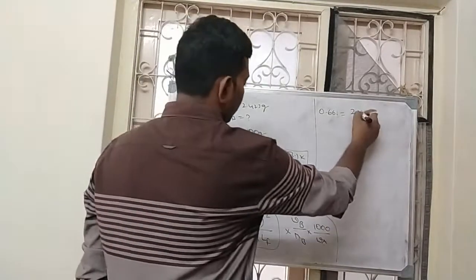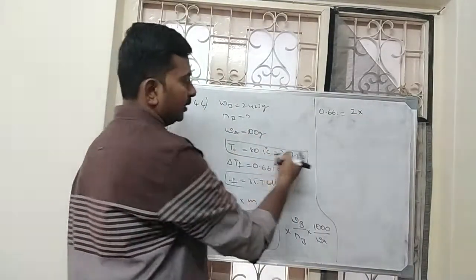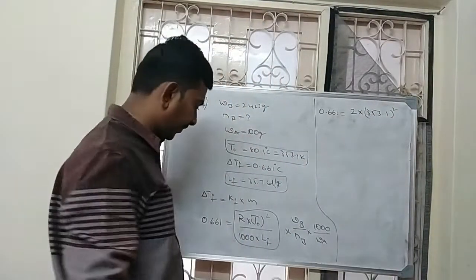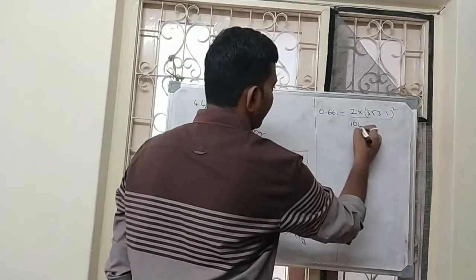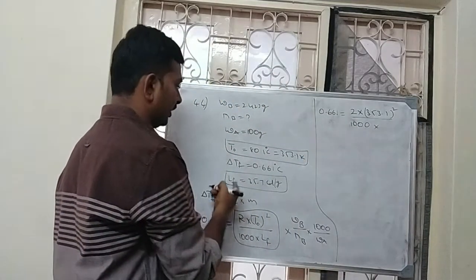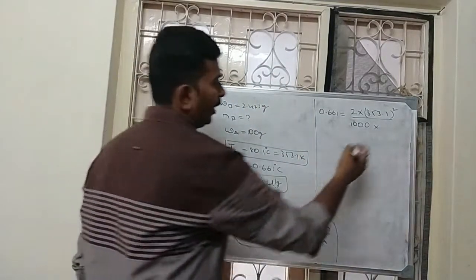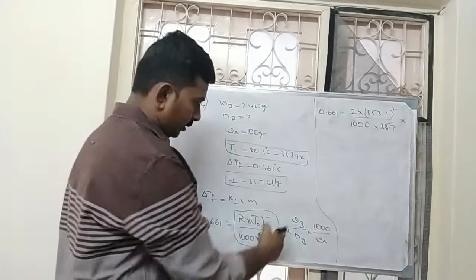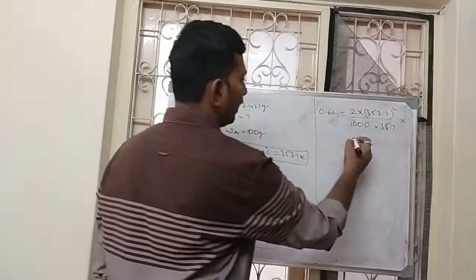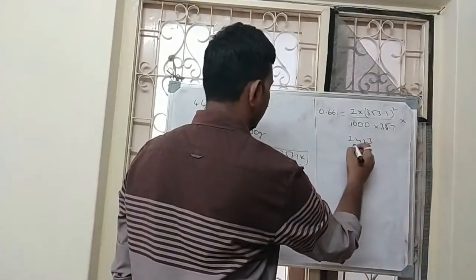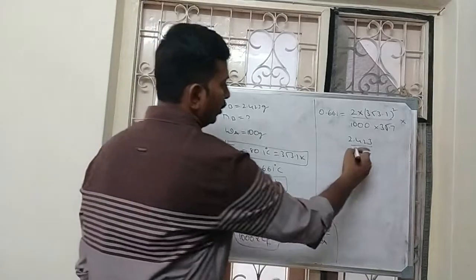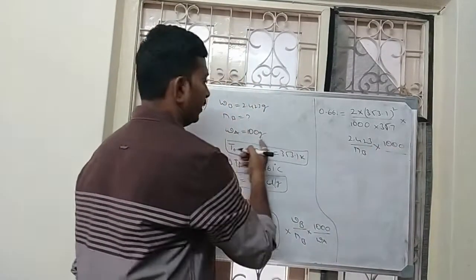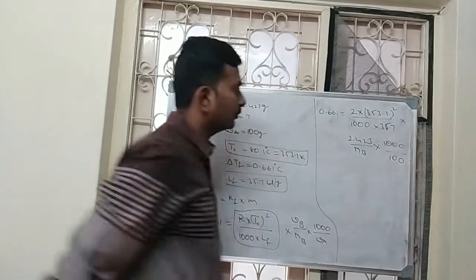So 2 into T naught. T naught is the melting point, that is 353.1 Kelvin square by 1000 into latent heat of fusion, which is given as 35.7, into mass of solute 2.423 by molar mass of solute, which we will be calculating, into 1000 by mass of solvent, 100.